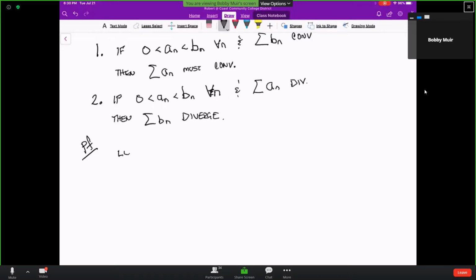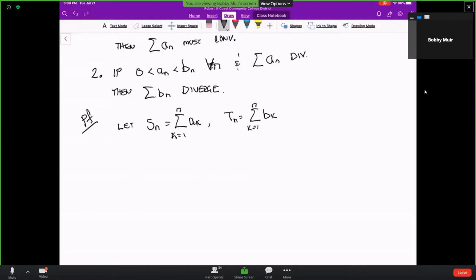We're going to let S sub n be the sum from k equaling wherever we started to n of the a sub k's, and let's call T sub n the sum k equaling 1 up to n of the b sub k's.